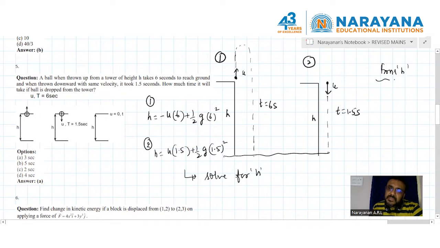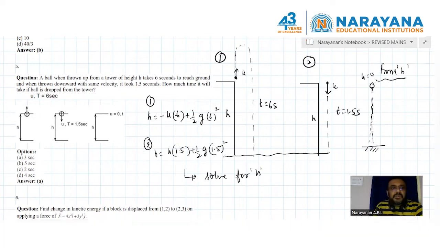After calculating the value of h, the ball is allowed to drop from that same height. When it is allowed to drop, you need to calculate the time taken for it to reach the ground.